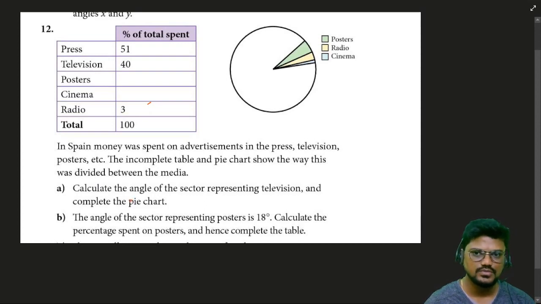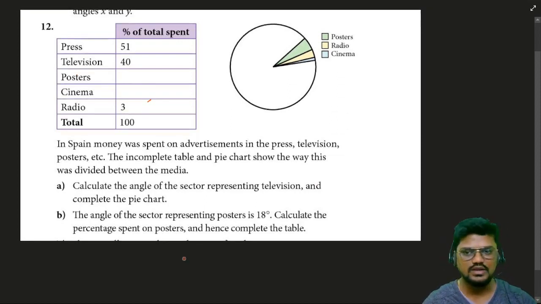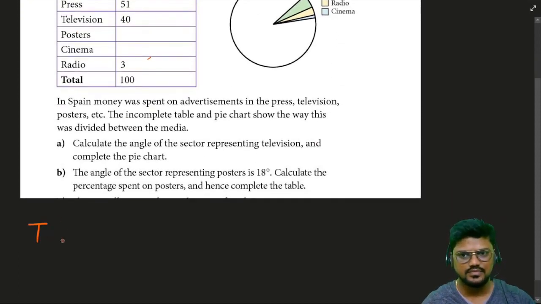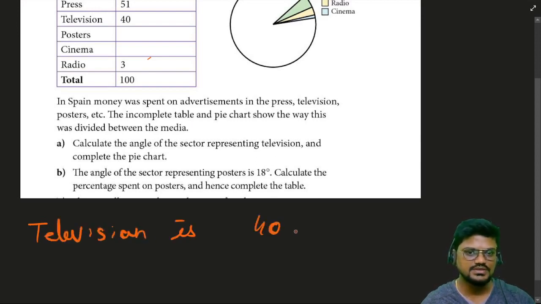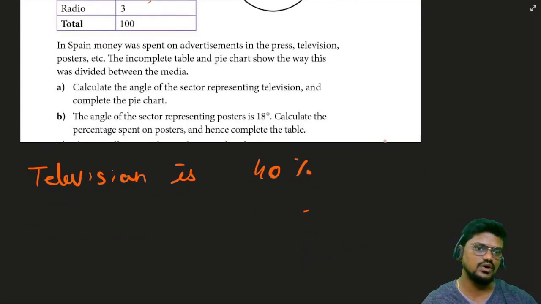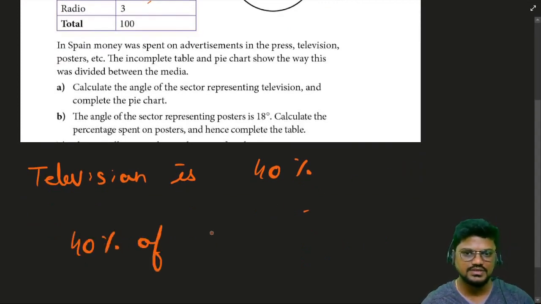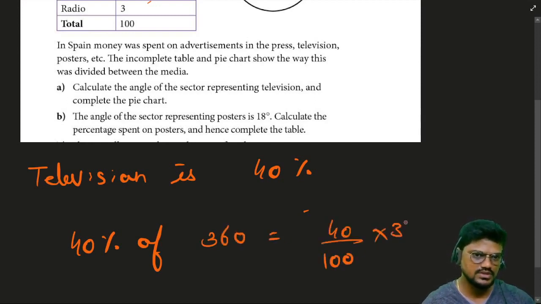Okay. So calculate the angle of sector representing television. Television is 40 out of 100, so television is 40%. Now what is 40% of 360? 40% of 360 will be equal to 40 by 100 into 360.